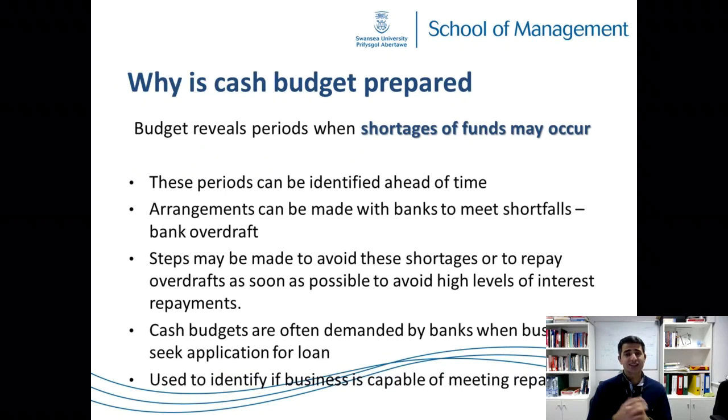Also, we can identify if a shortage of funds could occur ahead. For example, if the business has installments to pay later and they think there is not enough money, they need to inform the bank.